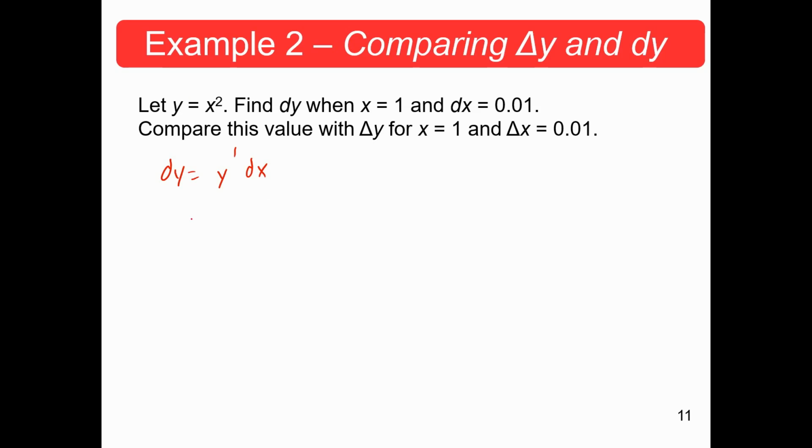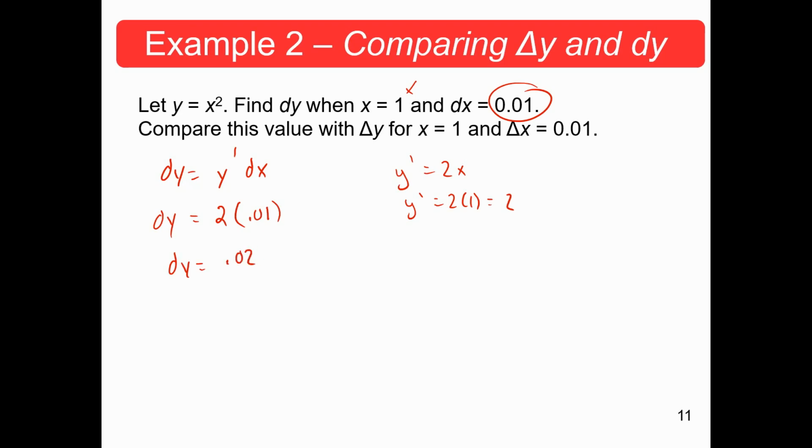So y prime is 2x, right? I know my x is 1, so y prime equals 2 times 1, or 2. I know that dx is 0.01, so I get that dy equals y prime, which is 2, times dx, which is 0.01. I get dy equals 0.02.